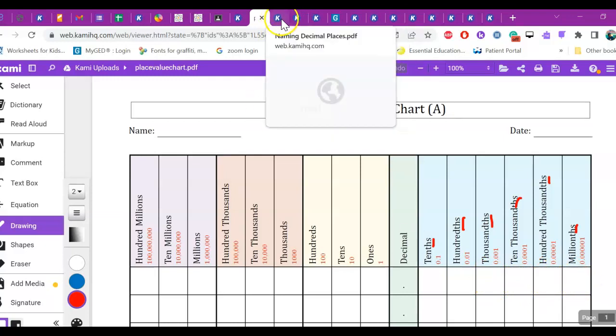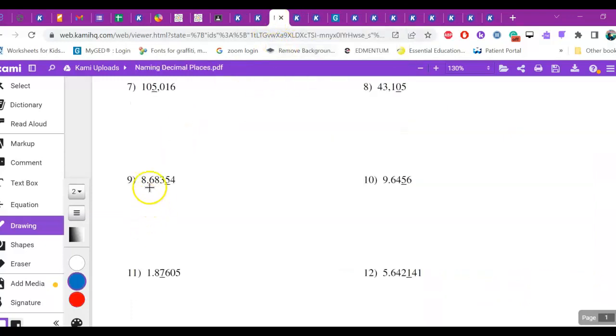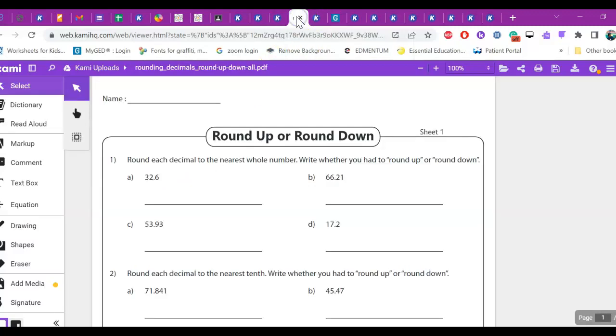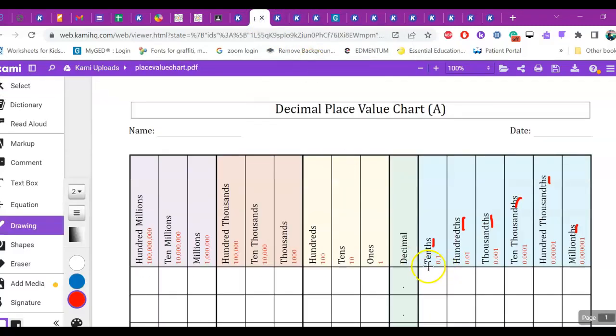Taking a look at number 9, it is 1, 2, 3, 4 places after the decimal. So for number 9, I'm in the 10,000ths place.